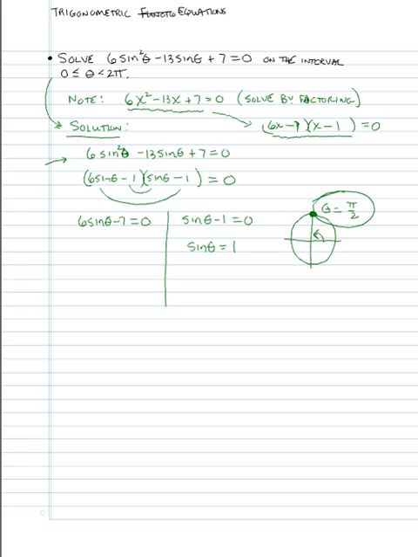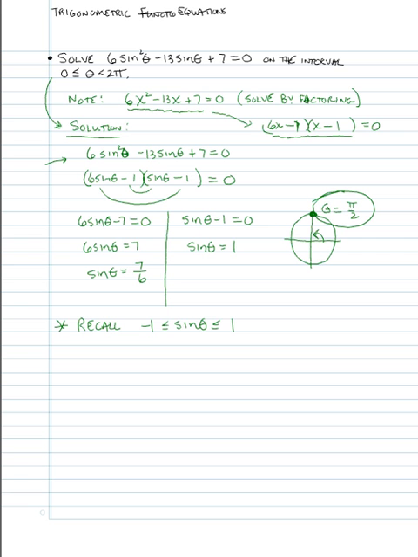Now when we look over here on the left side and we isolate sine of theta, the first thing we would do is add 7 to both sides, and then divide both sides by 6. Now, this is a big note here. Recall that the sine of theta always gives a value that is greater than or equal to negative 1, and less than or equal to positive 1.